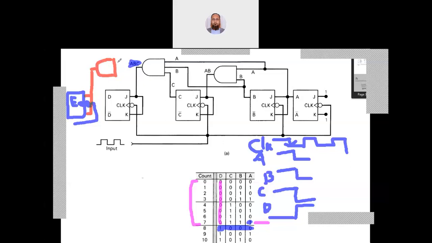And what will be the inputs of this AND gate? AND gate's input will be ABC, okay, and then D will also be there. Make it like this, okay.